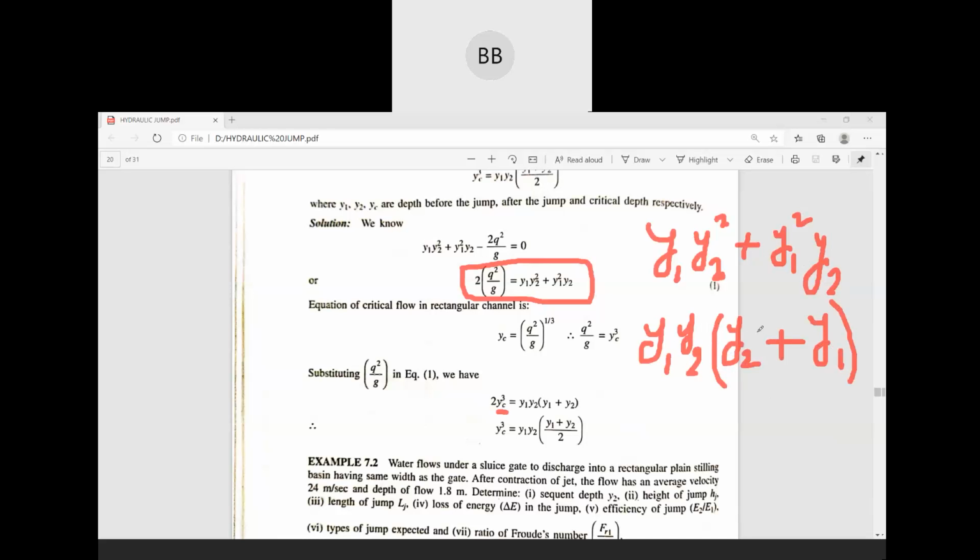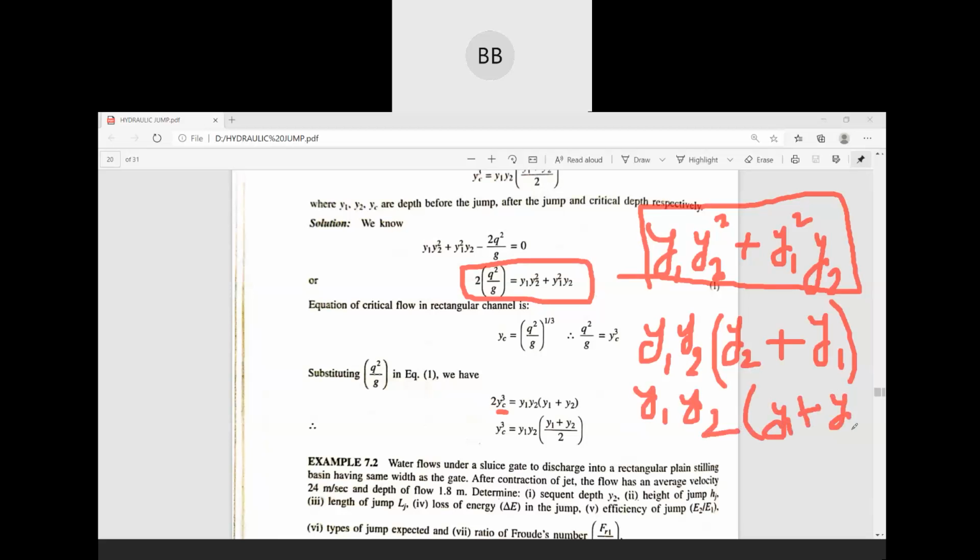If you remove this bracket, you will get this part again. This y2 plus y1 or y1 plus y2, same thing. You can write y1 y2 times y1 plus y2. And if you bring this 2 to the right hand side, it will be divided by 2. So here you are getting this.